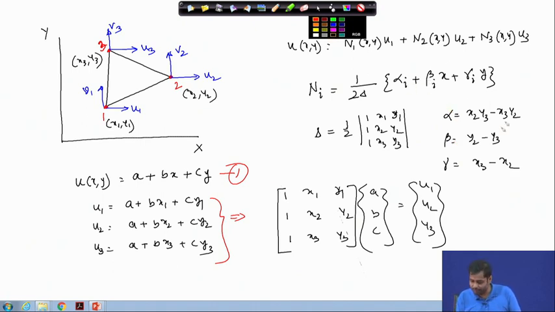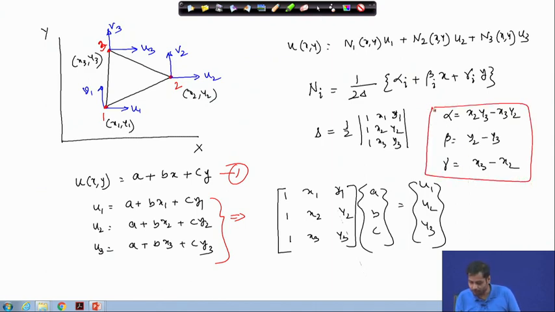Essentially, for all i, this is the same. So, this is alpha, beta, gamma, and this is your final expression of N.